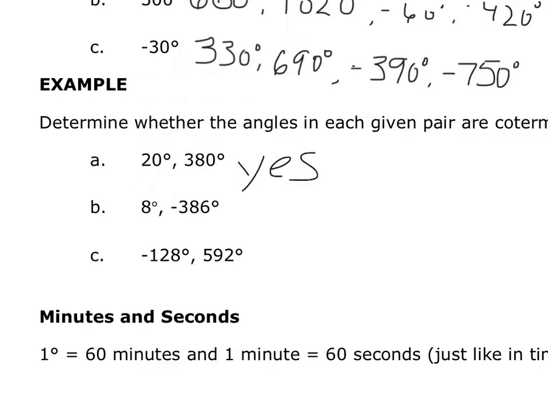If I take 386 and add 360, do I get 8? If I take negative 120 and add multiples of 360, do I get 592? Does anyone want to go over any of those?